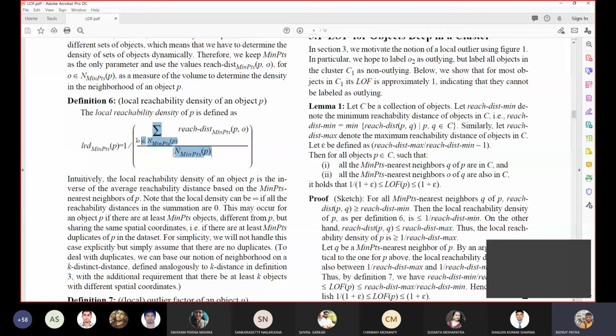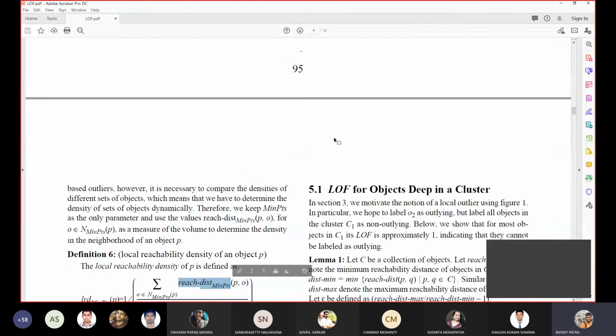I repeat: suppose I want to find the LRD of a point P, I have to find all its nearest neighbors, and then among the nearest neighbors you find the reach dist. Reach dist is defined here.